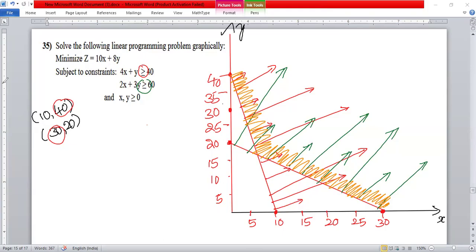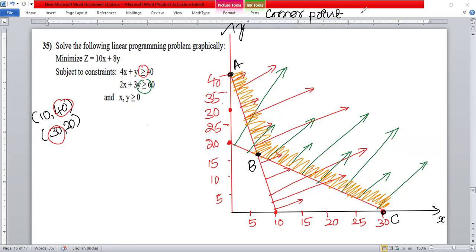Okay, so we have three corner points: A point, then B point, then C point. For a minimization sum, unbounded, you have to do the corner point step and find the optimal solution.